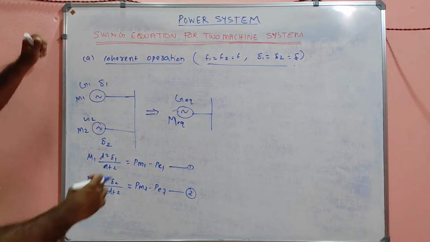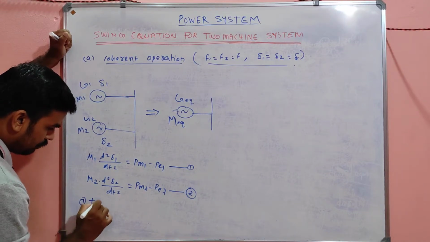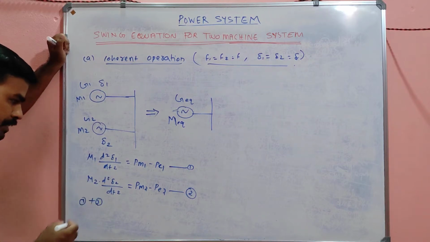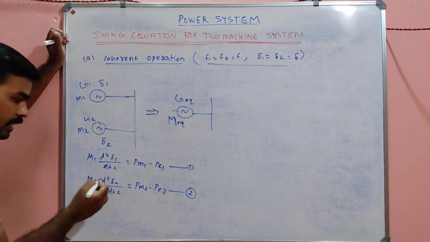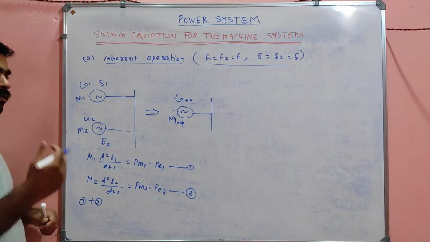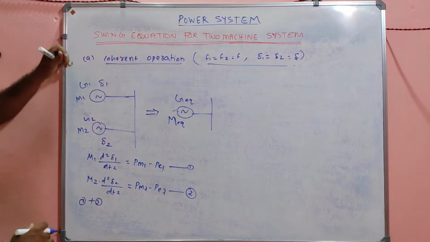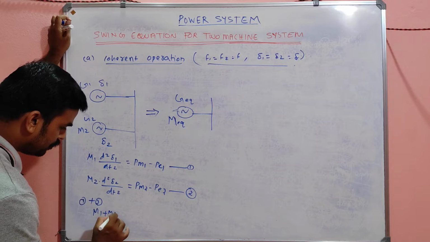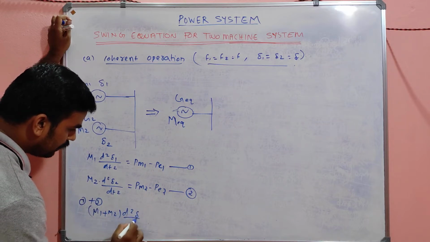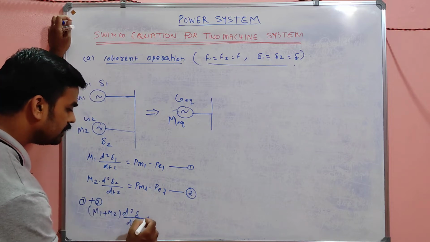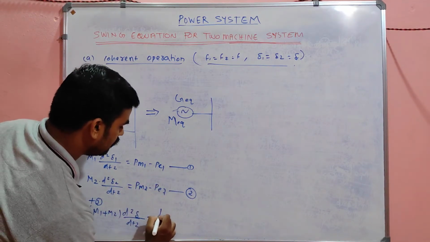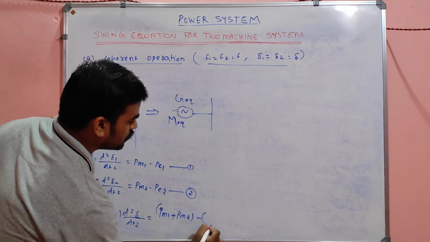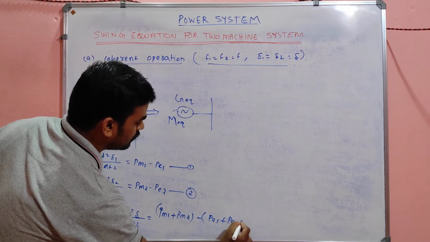Suppose we add 1 plus 2, what do we get? M1 d²δ1/dt² plus M2 d²δ2/dt². Since δ1 and δ2 are the same, coherent operation meaning δ1 equal to δ2 equal to δ, the LHS can be written as (M1 plus M2) d²δ/dt², and in the RHS it will be (Pm1 plus Pm2) minus (Pe1 plus Pe2).